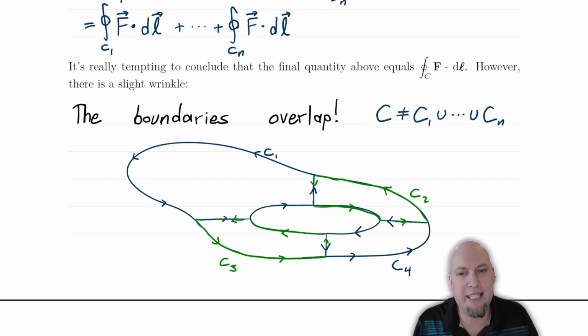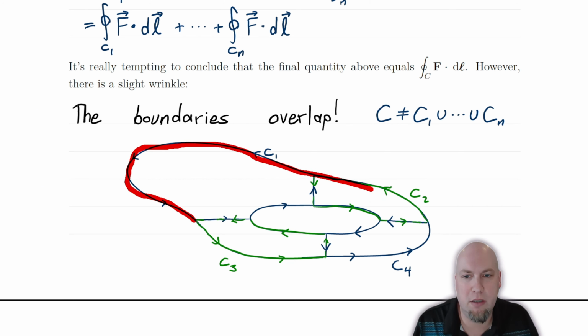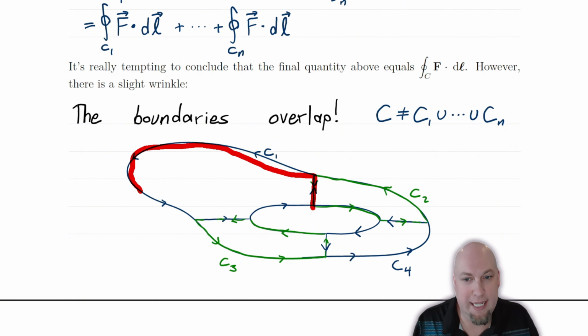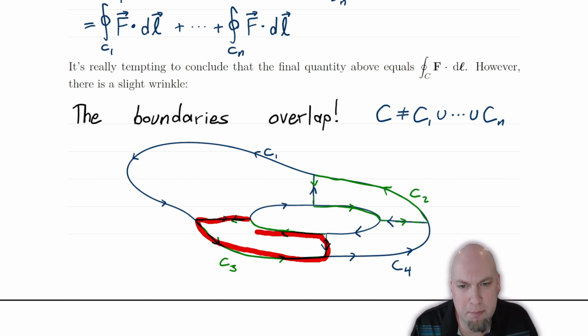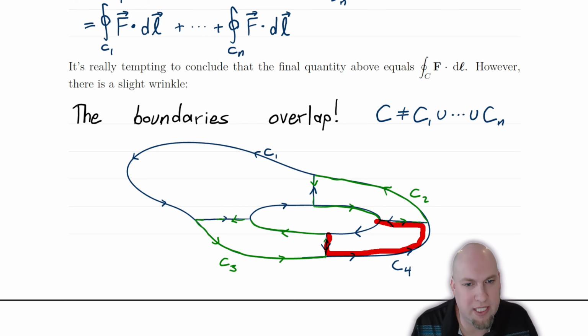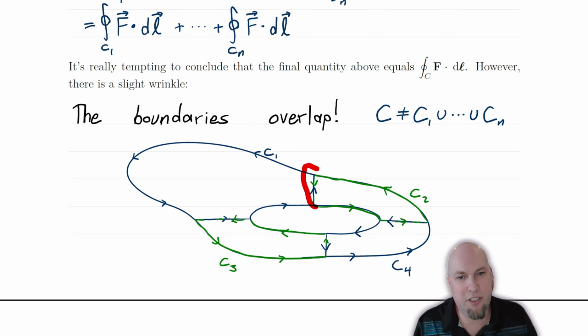What we're calling C1, the boundary of D1, overlaps with C2, the boundary of D2. So if I want to compute the vector line integral around this boundary, is it okay? It's not obviously okay that I can just integrate around these four subcurves, because they're not really subcurves. They have extra lines drawn on them. I don't want this region here because that's not part of the actual boundary of D.